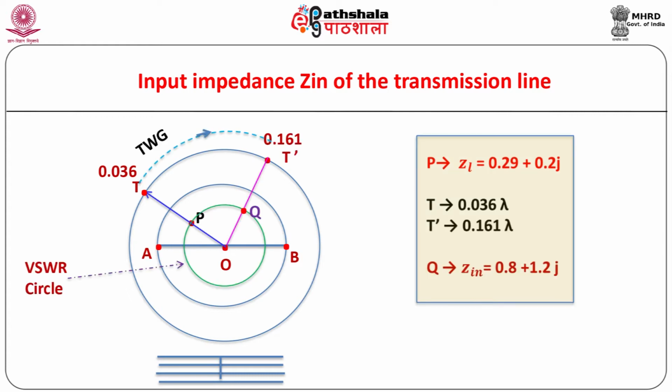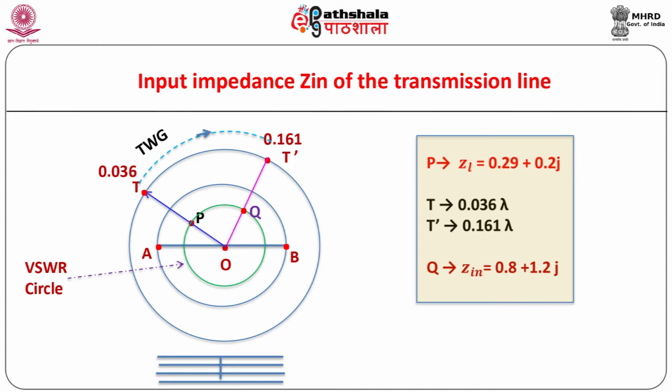Step number 3. Now here the length 3.125 lambda is equivalent to 0.125 lambda as explained earlier. Hence, from the point T, move a distance of 0.125 lambda towards the generator in the clockwise sense and stop at point T dash. Note the reading at point T dash. Step number 4. Join points O and T dash.